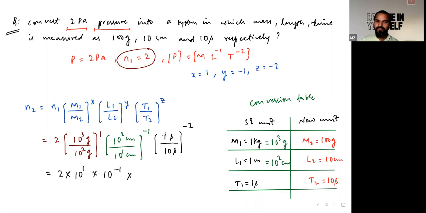Third part, we have 1 upon 10 and exponential as -2. So if you convert or reverse the fraction, the exponential becomes plus. So it will become 10 by 1 to the power 2. So it will be 10 to the power 2.